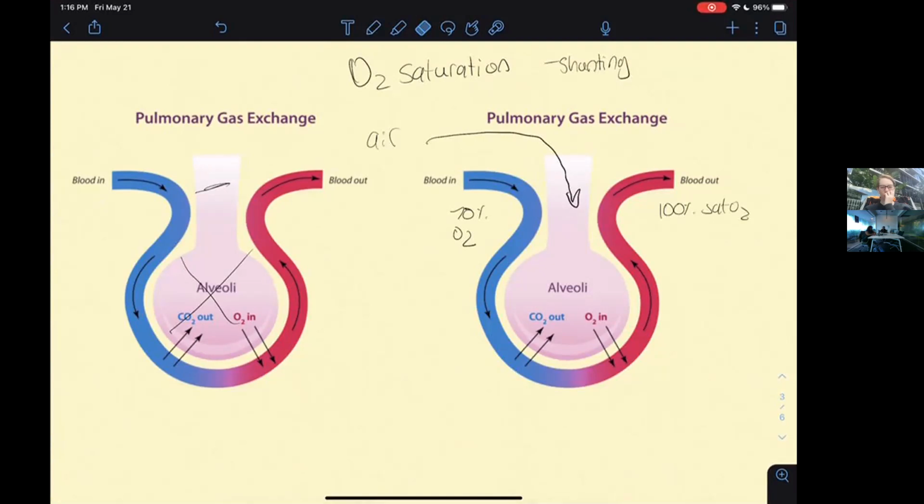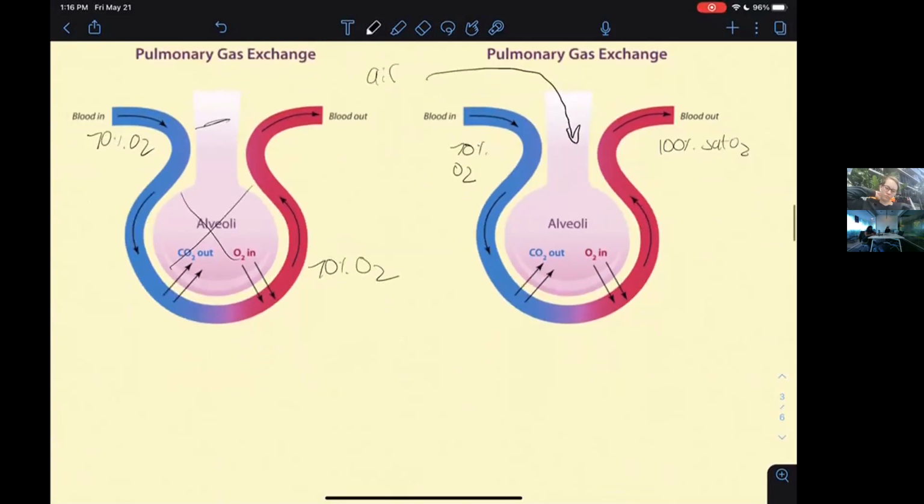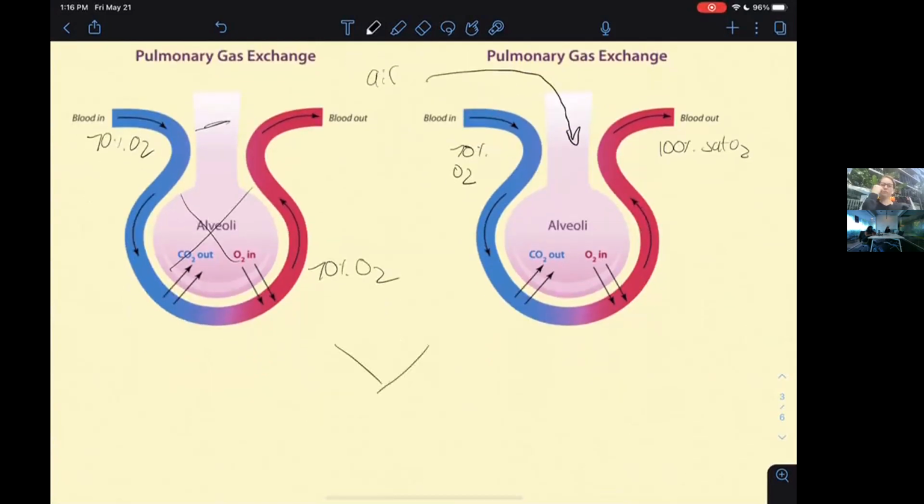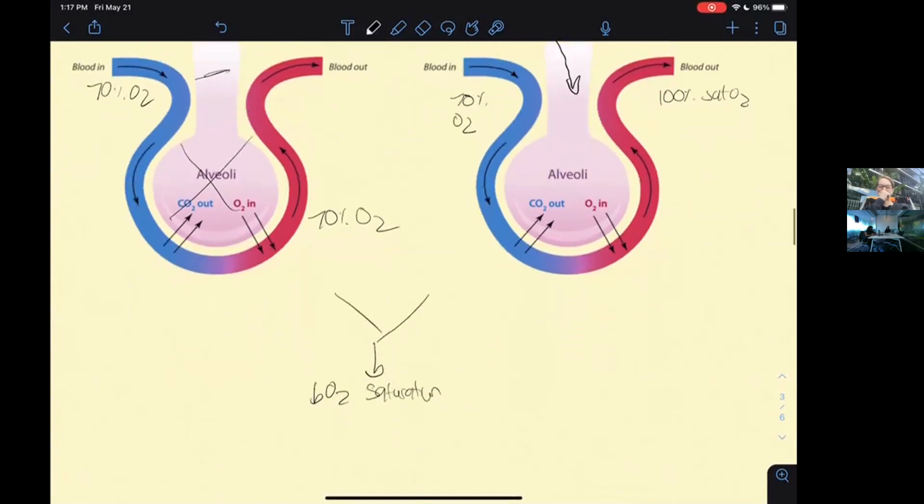So you have 70% O2 coming in here, but because gas exchange can't occur, because there's no air coming into here, you still have 70% O2 coming out of this pulmonary vasculature, which leads to decreased O2 saturation, right? So in cases of shunting, you're going to have decreased O2 saturation, and that leads to hypoxemia.